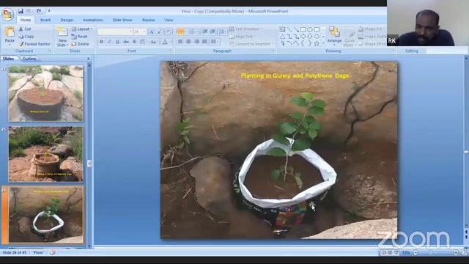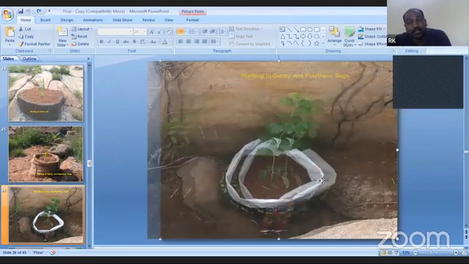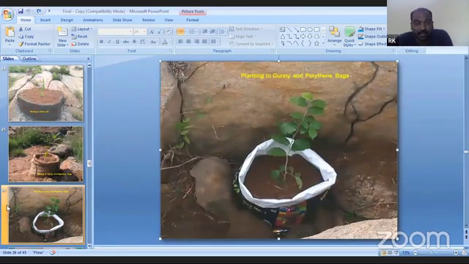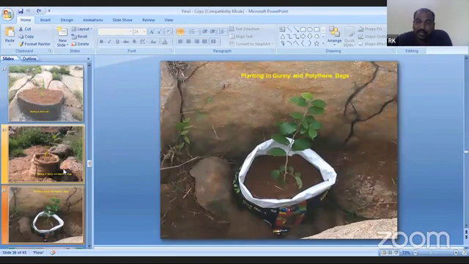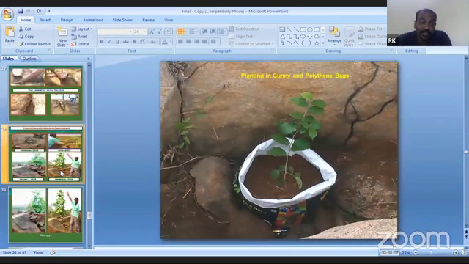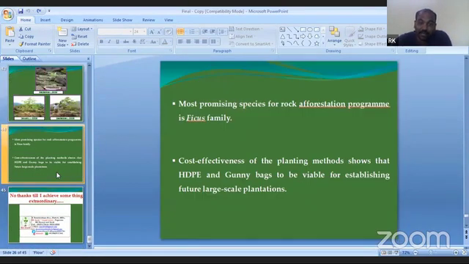In polybags also, most of the polybag is degradable. It's a biodegradable bag. Now it is coming to biodegradable. You go for the biodegradable bag. That waste bag is also utilized at this temperature. So this method is suitable for these afforestation planting techniques, for viable establishment of large scale plantations.